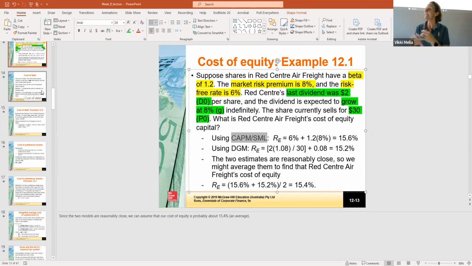But companies can get their money from debt and equity. So we also need to be able to measure the company's cost of debt. If we want to measure their overall cost of funds, we need to know the cost of the debt and the cost of the equity.